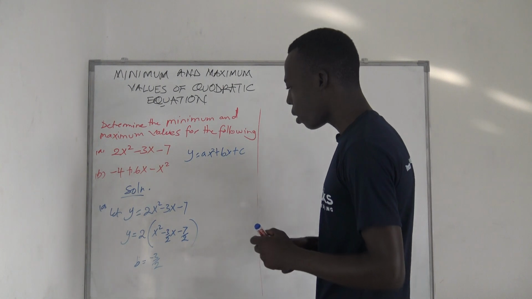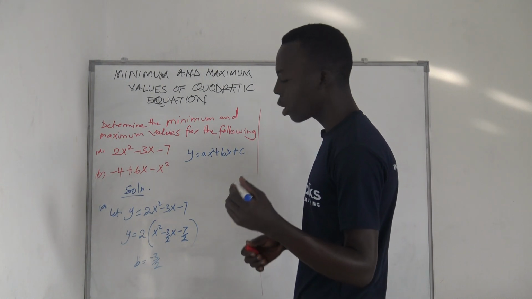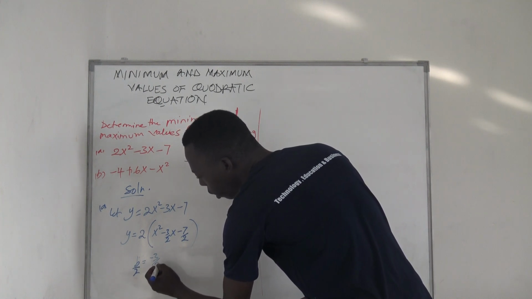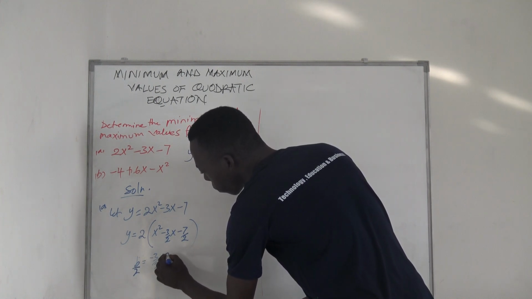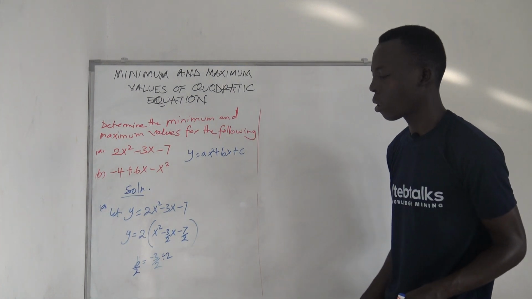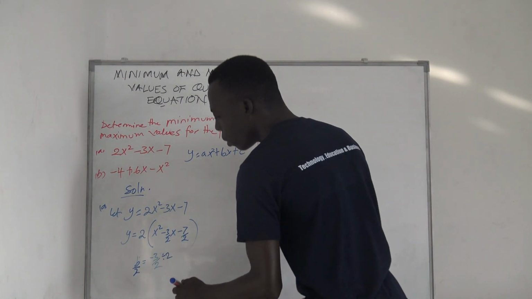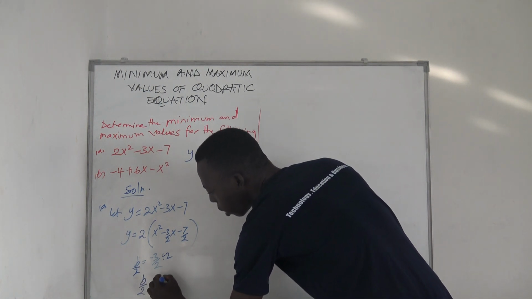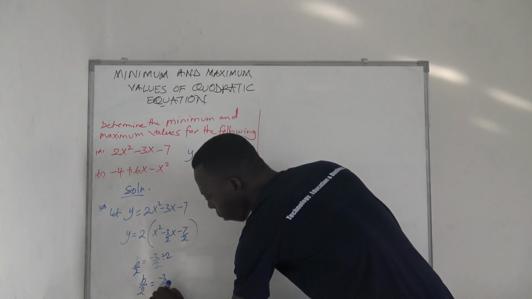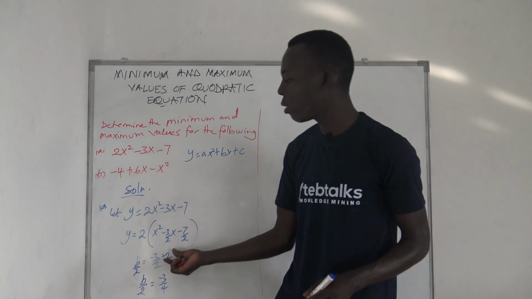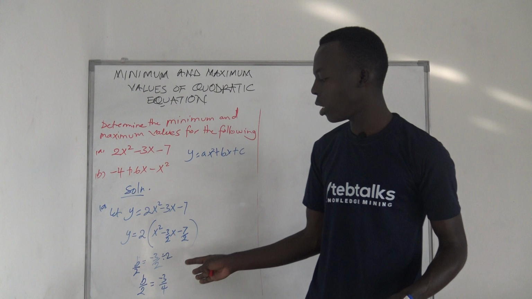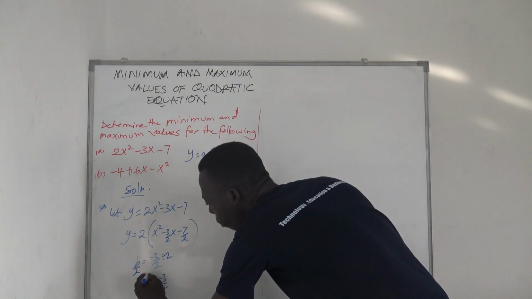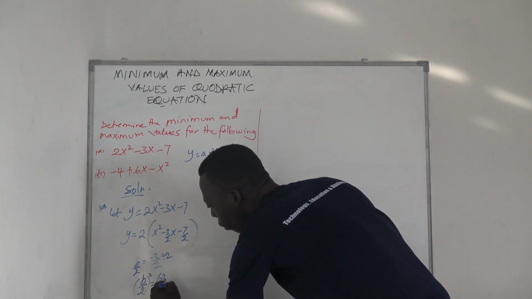We will have to divide it by 2. So b out of 2 will then be negative 3 out of 4. By the rules of mathematics, the 2 will come down and we multiply it with the other 2 to get a 4. After doing this, you have to square now.